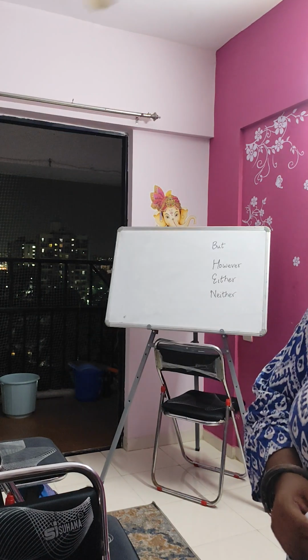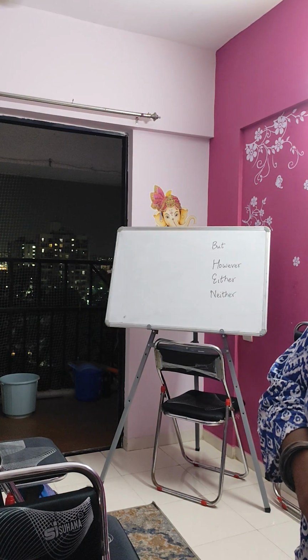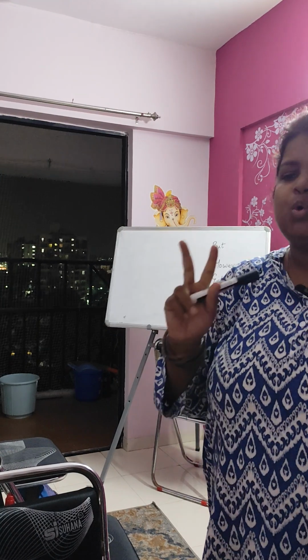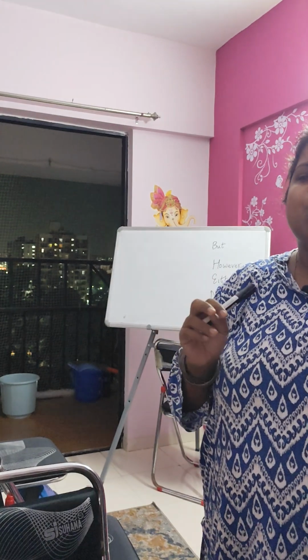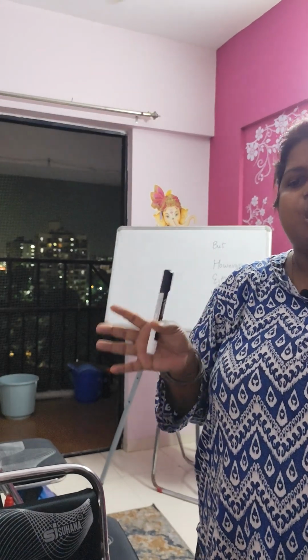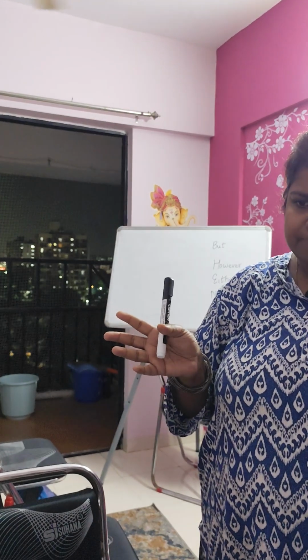Yes, ma'am, the question is I want to listen the correlative conjunctions. Correlative conjunctions are two words. It's not just one word like and, but or एक words है ना. Correlative में combination है. You have neither nor, either or, but also. Okay.